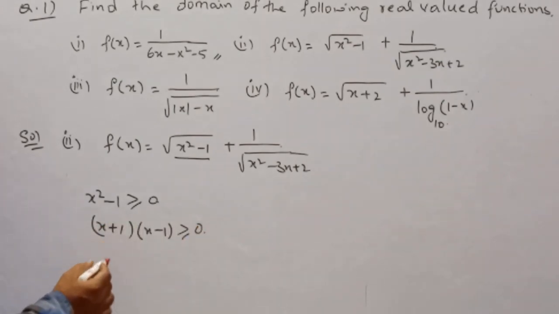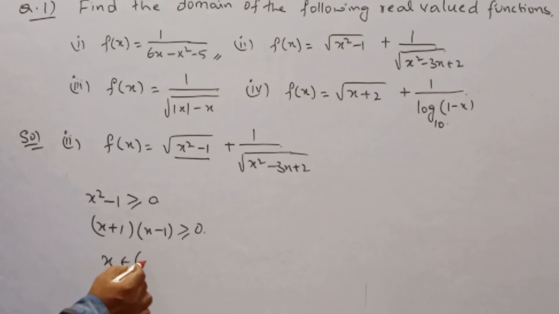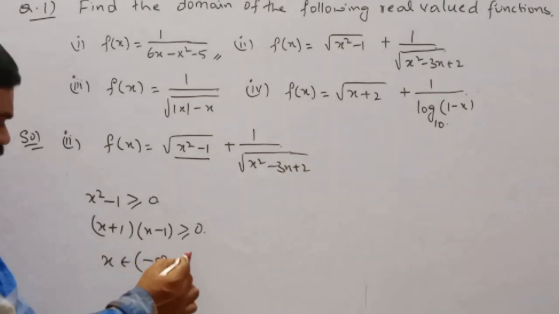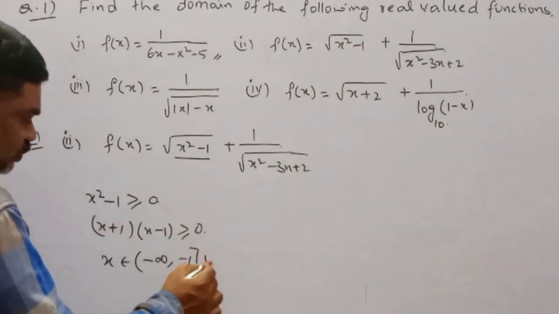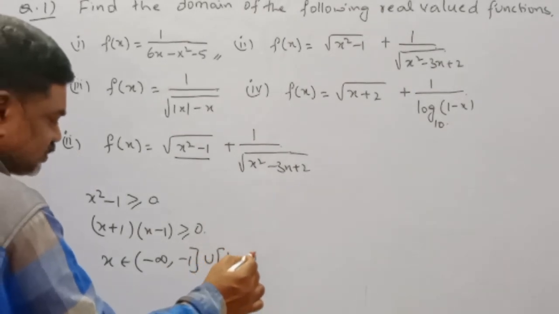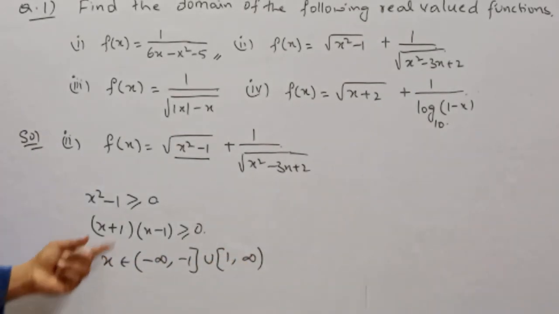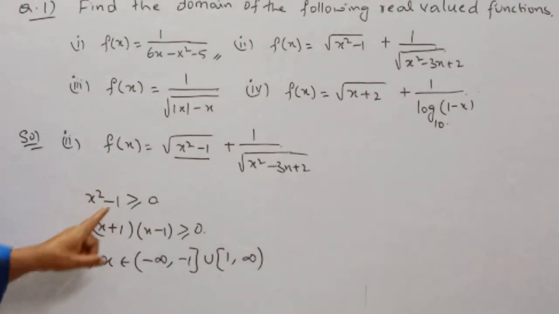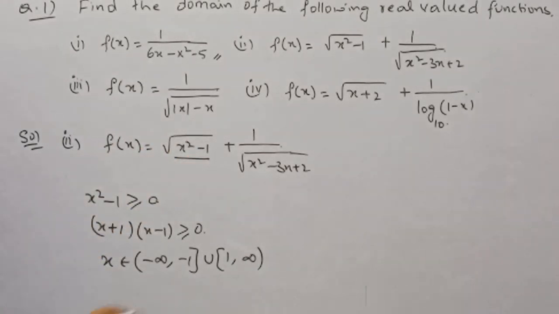So x belongs to minus infinity to minus 1 closed union 1 to plus infinity. This is the domain of root over x square minus 1.